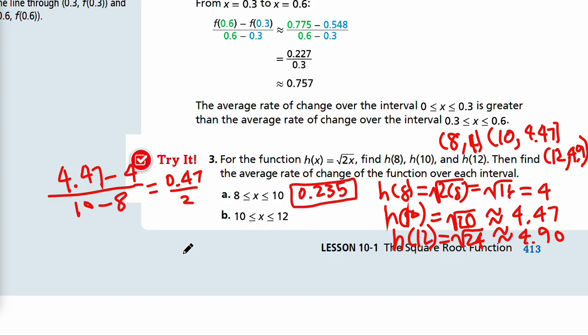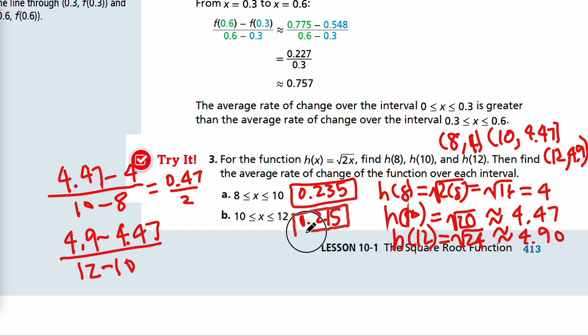Now, using the same slope equation, you can figure out the average rate of change in the interval between 10 and 12. So 4.9 minus 4.47 over 12 minus 10, and so that's going to be 0.43 divided by 2, which is 0.215.